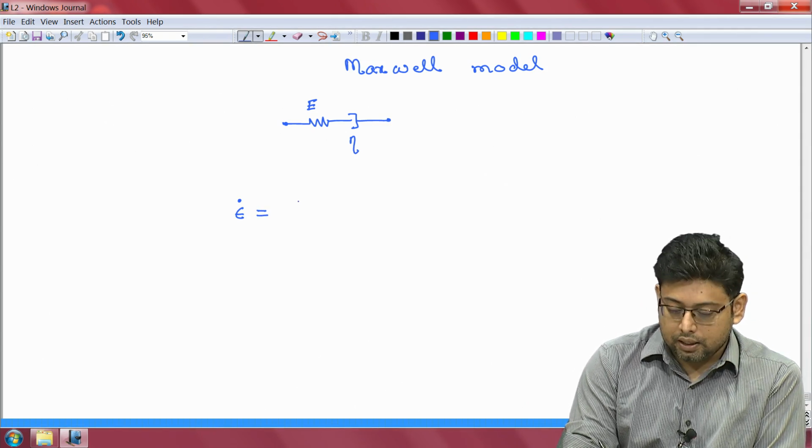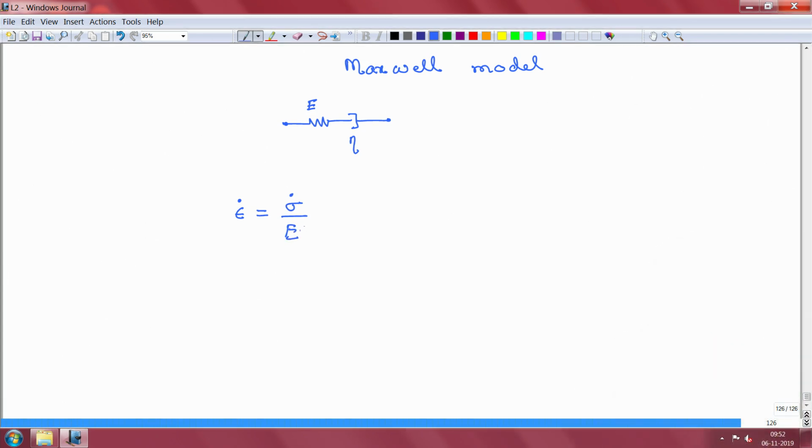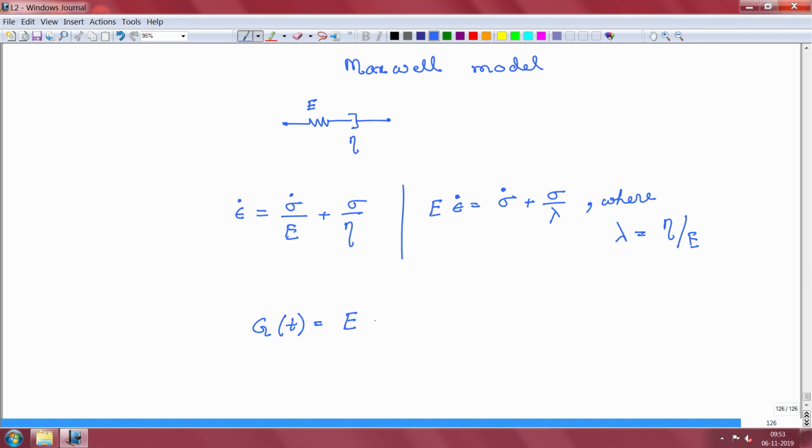So, we said you can write it in this way, or if you want you can write it in this other fashion also, where this lambda is a relaxation time scale given by the ratio of eta and E. And we saw that the stress relaxation function for this situation comes out to be of a very simple form, given by E, which is the modulus, and an exponentially decaying function.